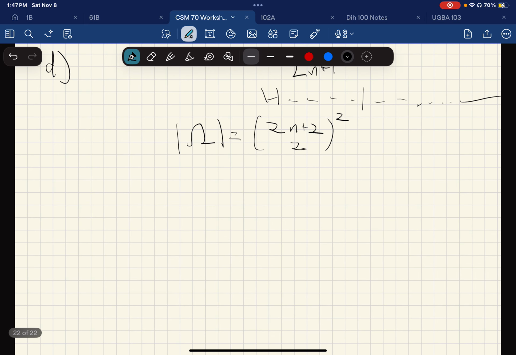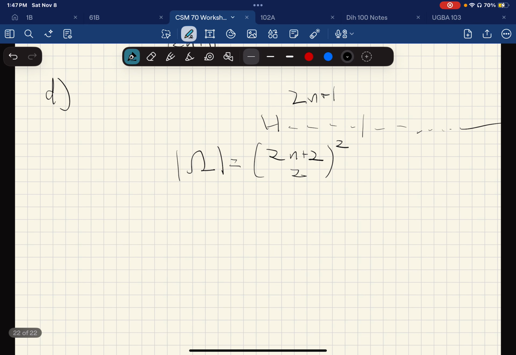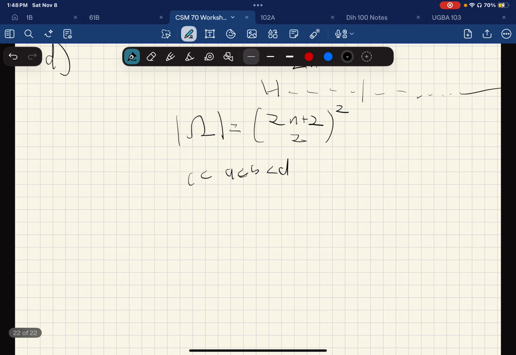So now we know the total number of ways we can choose two intervals, but how many ways can we choose intervals where we need that inequality C is less than A, which is less than or equal to B, which is less than D? Let's write it out. While this does seem pretty complicated, it's really not that bad, because we know that there are 2n plus 2 possible slots that can be chosen here.